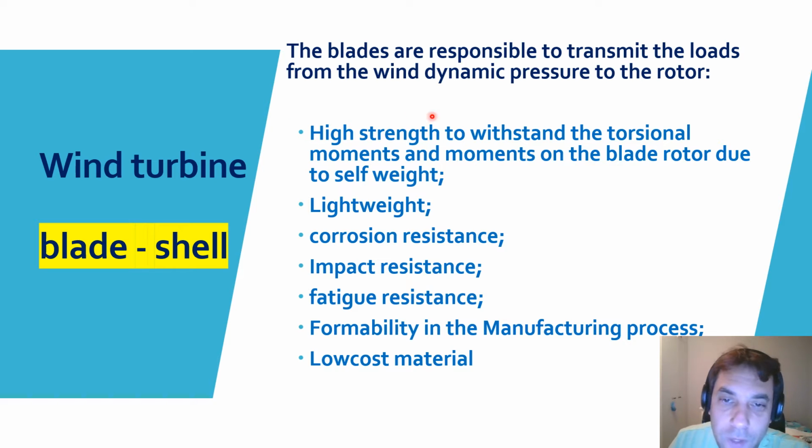One requirement is high strength, to withstand the torsional moments and moments on the blade rotor due to the self-weight. Another requirement that the blade must fulfill is being lightweight. Another one: corrosion resistance, impact resistance, fatigue resistance.